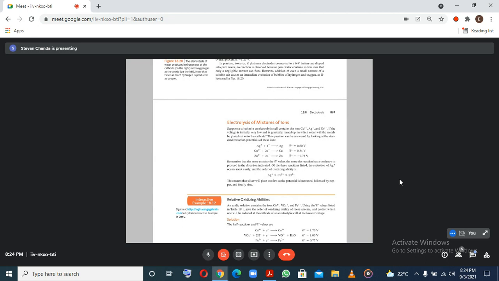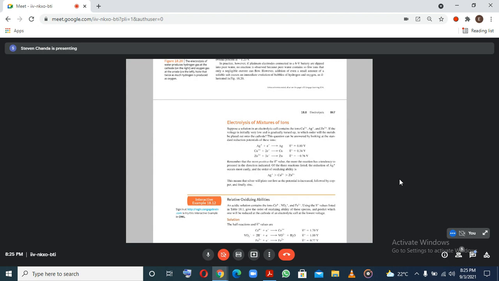Okay. So using the E values listed in table 18.1, give the order of oxidizing ability of these species, and predict which one will be reduced at the cathode of an electrolytic cell at the lowest voltage.